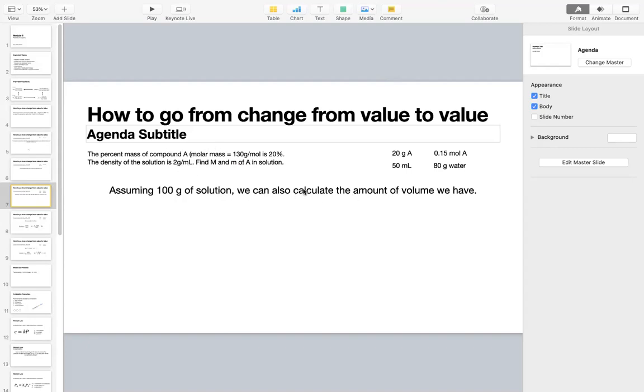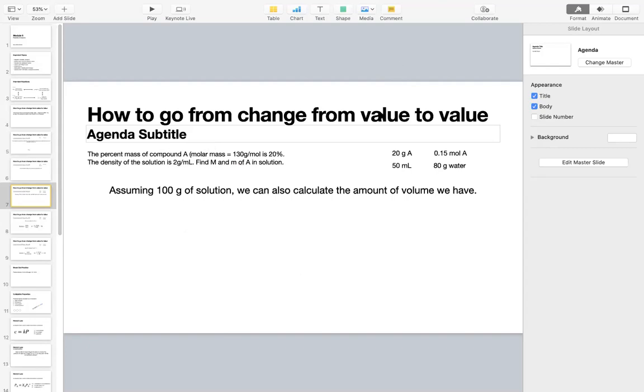So 100 grams divided by the density gives our volume: 100 divided by 2 gives us 50 mL. So the whole solution is 50 mL.